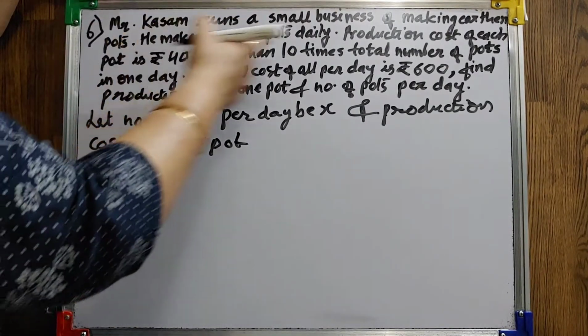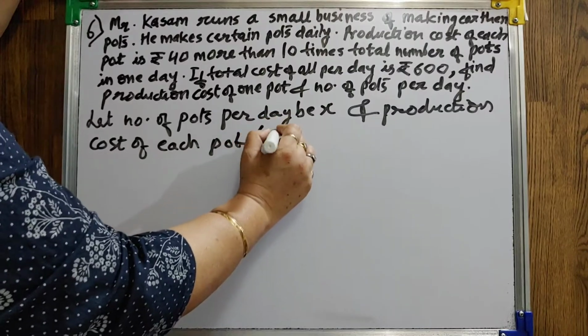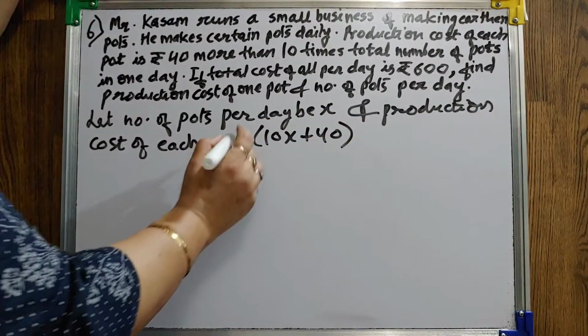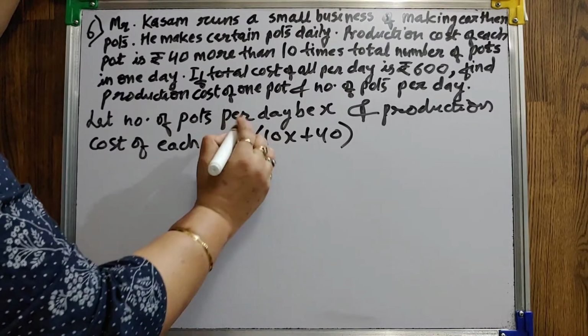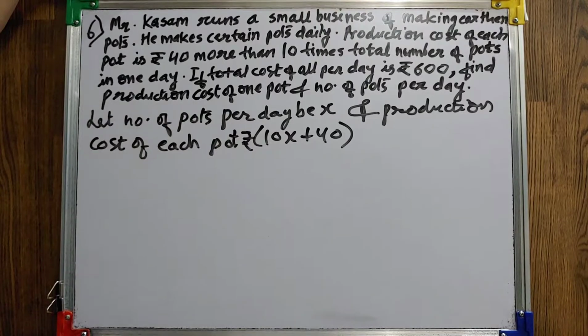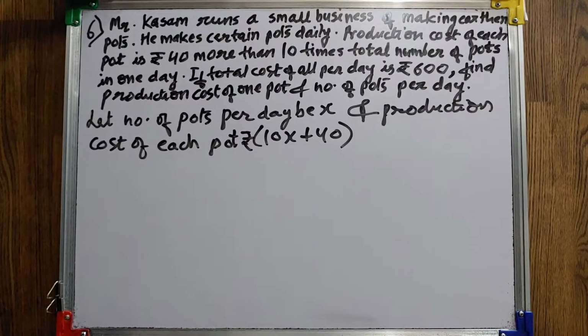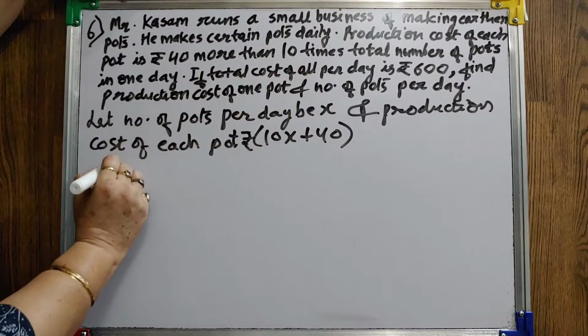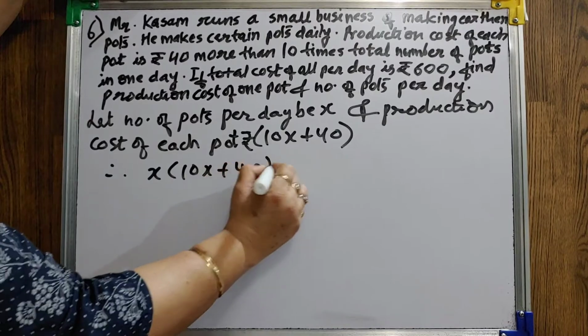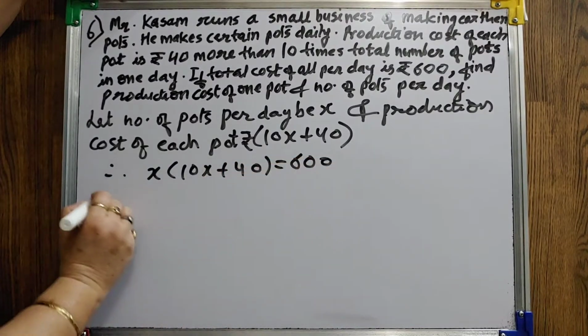Now 40 more than 10 times: 10 times means 10x, 40 more means this much rupees. Now the total cost of all per day is 600. So the product of both will be equal to 600.